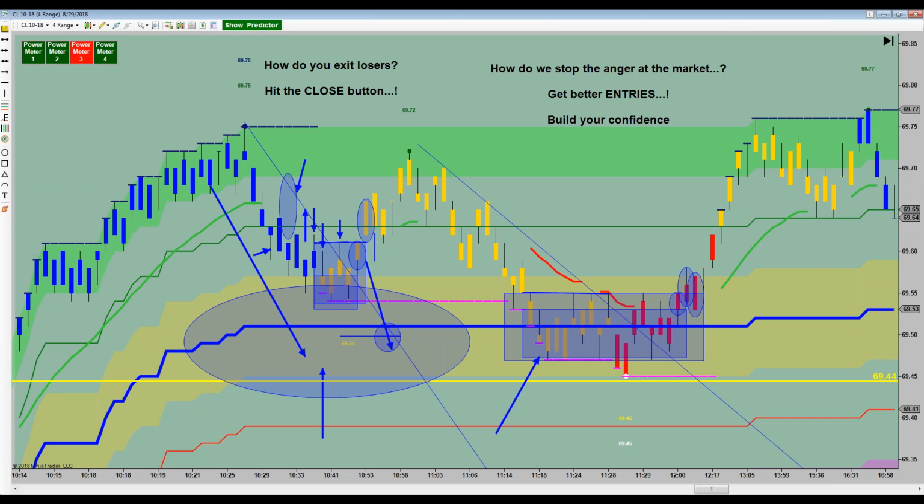Draw those correctly a few times. If you're getting popped once or twice, go into sim. Get your confidence back up. Go back at it. Entries are everything. If you could spend all your time working on entries, I would do that. Seriously, I'm not kidding. If you just worked on entries alone, it would change everything.